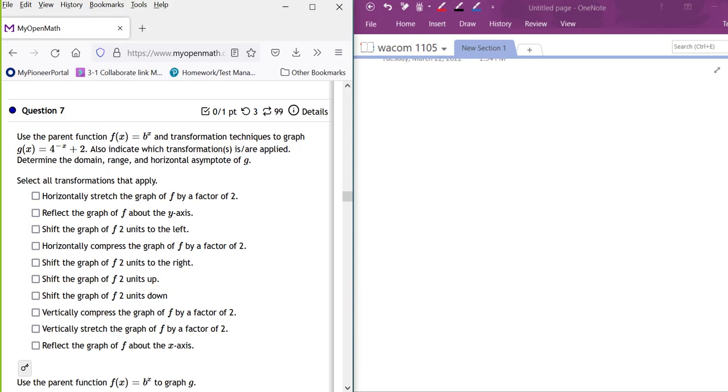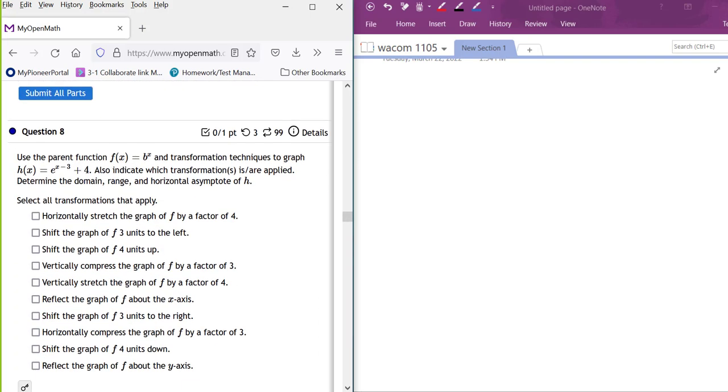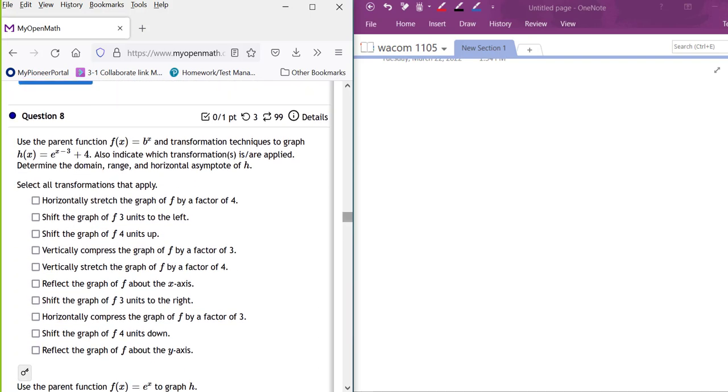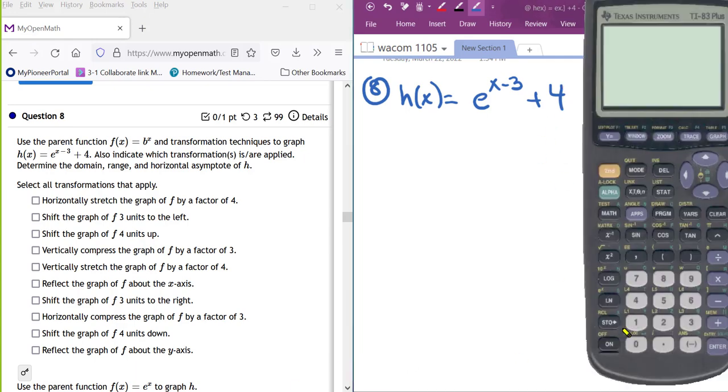So then I skipped down to 8. And I just pulled 8 because it has a base of E, so I thought we would do one, the base of E. And if you're not used to working with E, E is a value that is like pi, an irrational number.